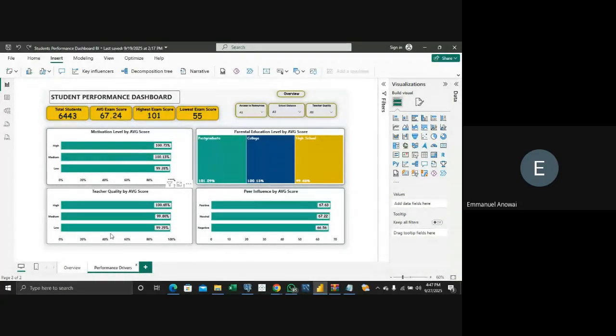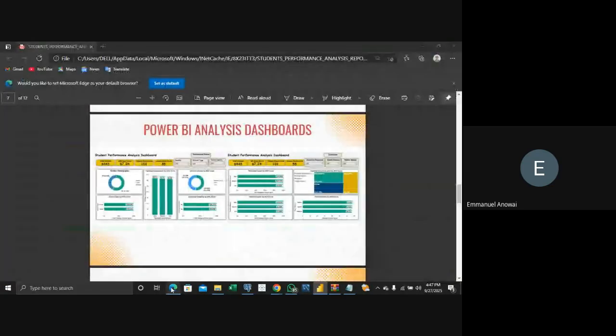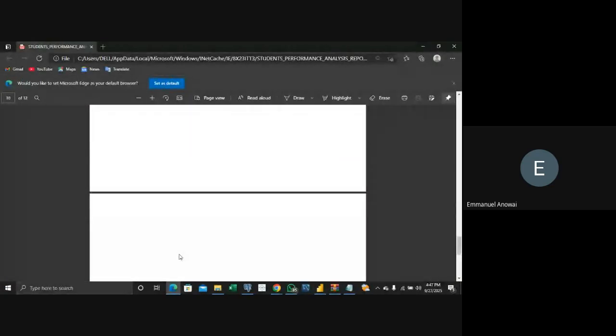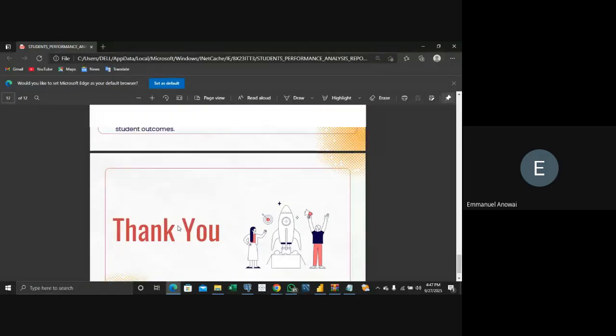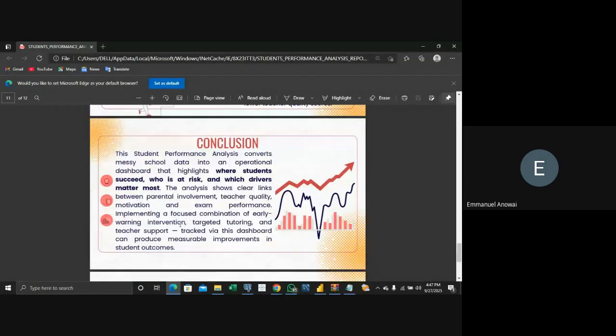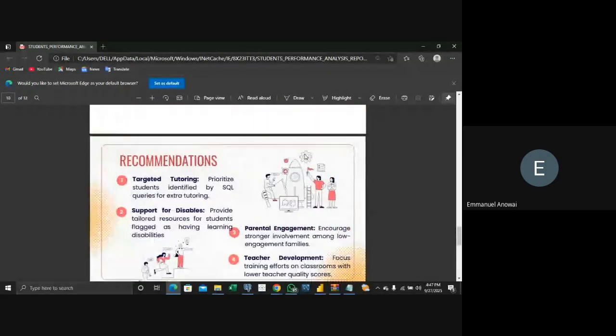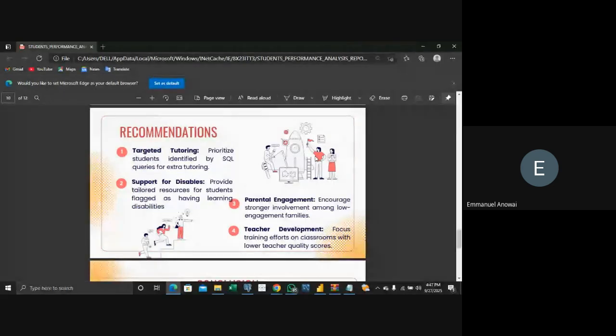So our recommendations are that parents who have disabled kids should provide tailored educational support to them to enable them to catch up with the learning in school.